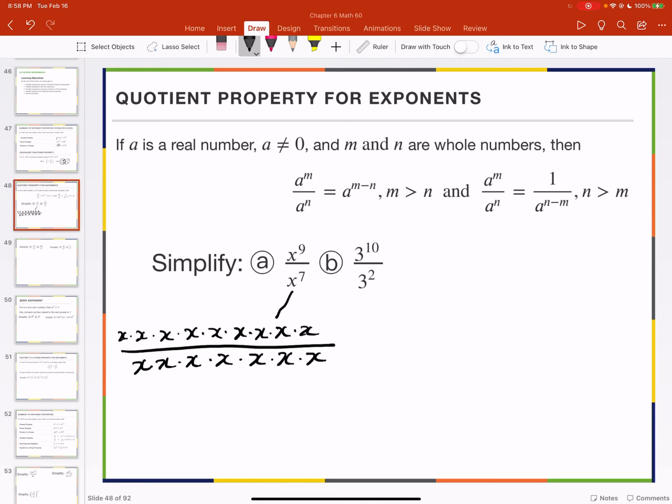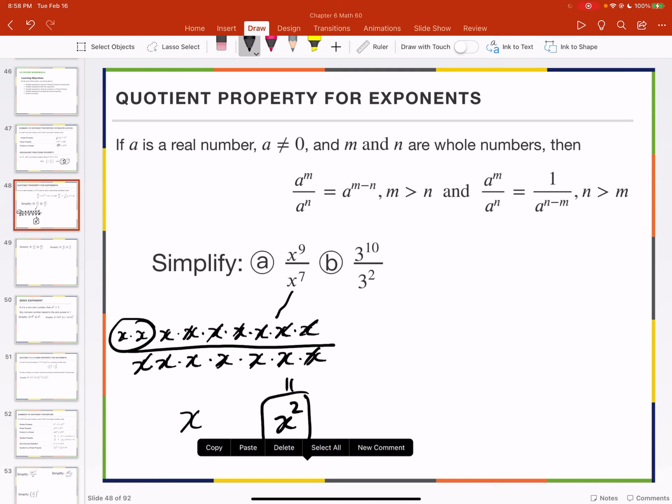So you can see shorthand helps us, right? These will cancel out, and you're left with 2 of them in the numerator. So your answer would be x squared. So x to the 9th over x to the 7th is the same as saying top minus bottom, right? 9 minus 7, x squared.